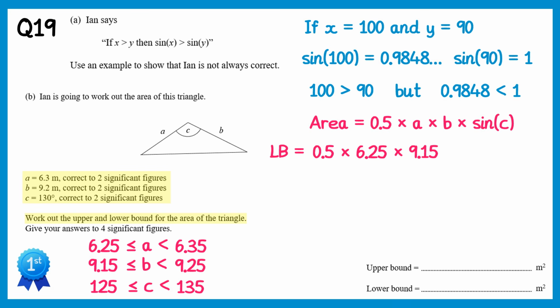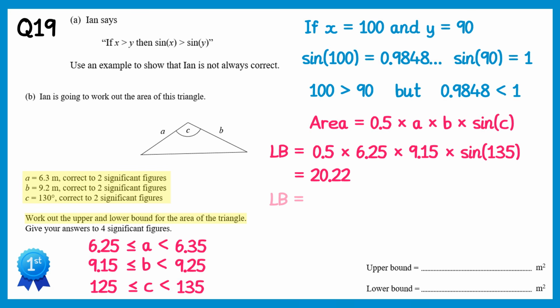Intuition would tell you probably want to use the lower bound of c at 125 and do sine of 125, but you actually don't. So the first part of this question was trying to give you a clue. If you do sine of 125, it's actually bigger than sine of 135, so you don't want that one. You actually want the smallest one possible, which is sine of 135. If you type all of this into your calculator and then round it to four significant figures, you get 20.22.